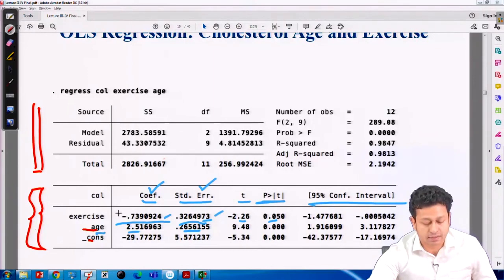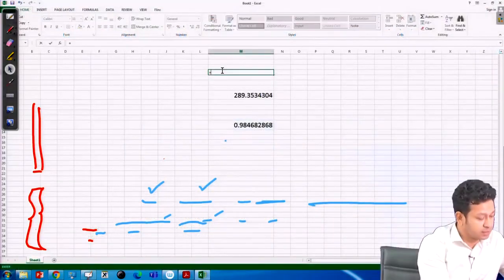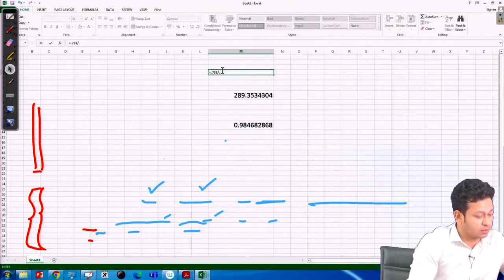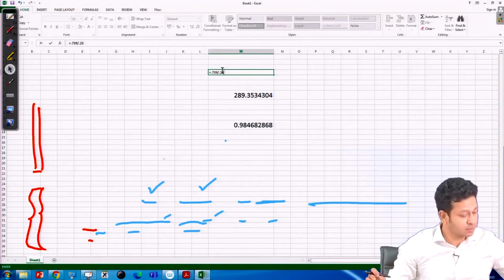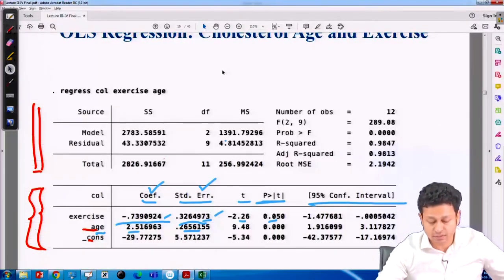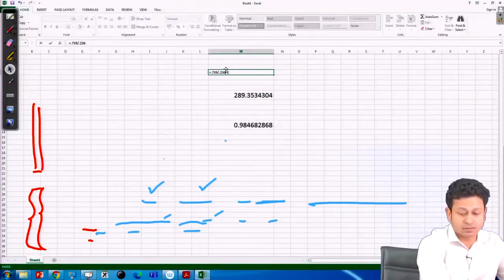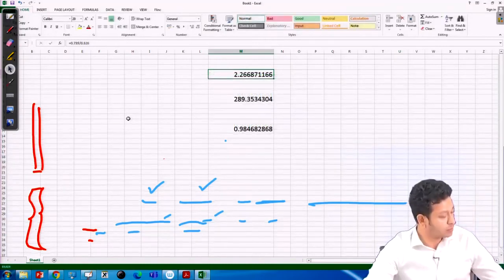The coefficient for exercise is 0.739, divided by 0.326, okay.